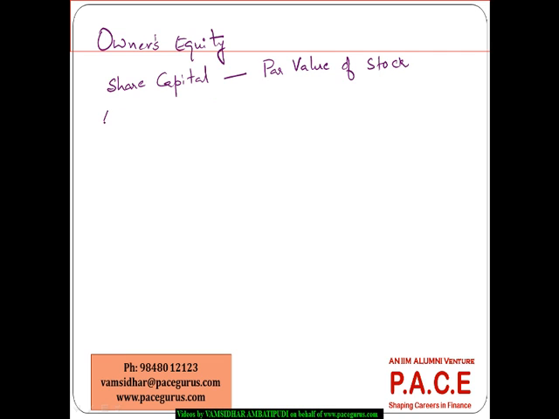And anything that is paid in premium to acquire the share, we'll call it additional paid in capital. Any additional over the par value. So typically it might be the case that the par value of the share is $10, but it is sold in the market at $50 per share. Then $10 will go as a part of par value, which is the share capital part, but the premium, which is $40 per share, will go as a part of additional paid in capital.